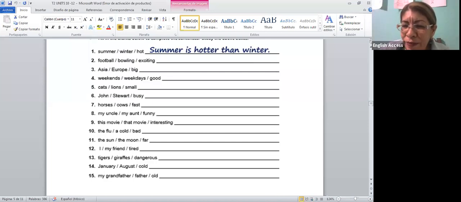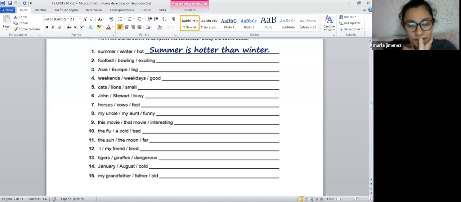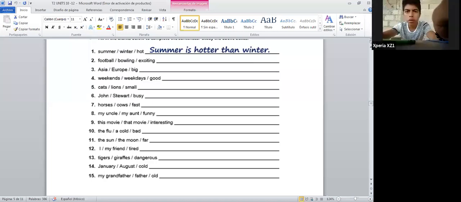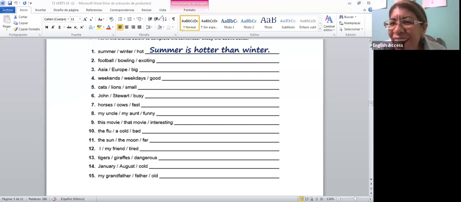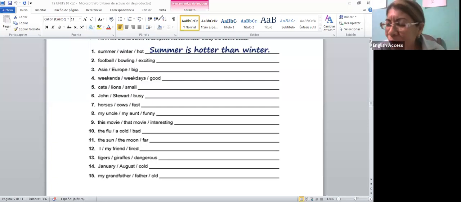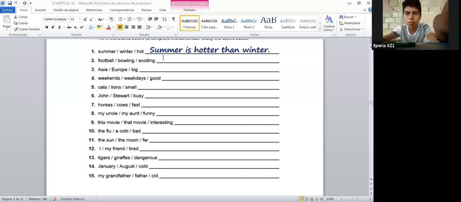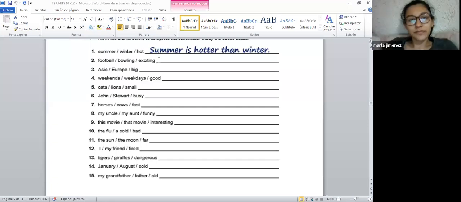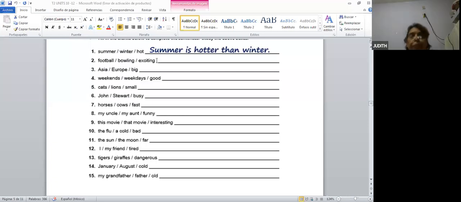Football is exciting than bowling. We have two sports. What is the comparative form? More. Football is more exciting than bowling. Yes, football is more exciting than bowling.